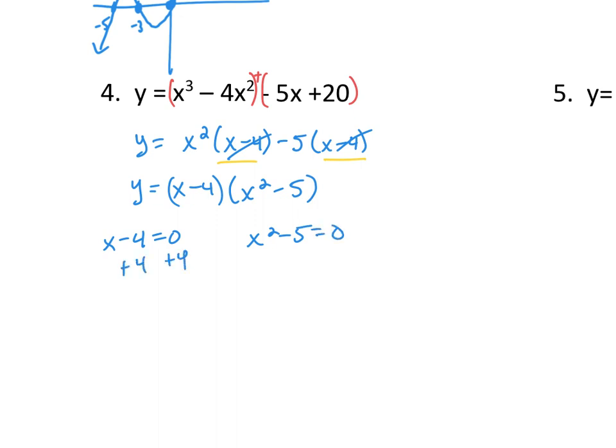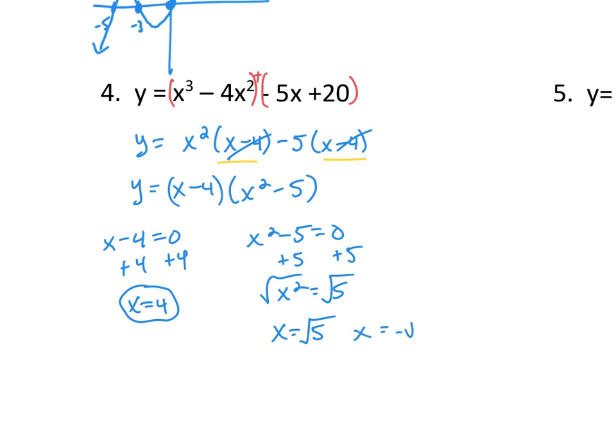Here I'm going to add 4, and I get x equals 4. And then on this one, I'm going to add 5, and I get x squared equals 5. And then I square root, and I get x equals the square root of 5, or x equals negative square root of 5.